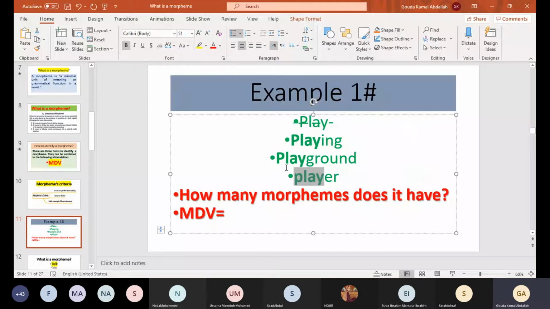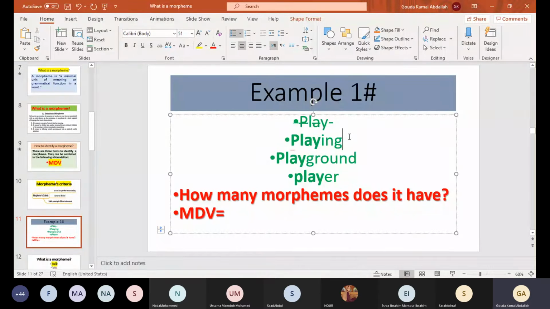Does it have the same meaning in all of them? Play is to play in a continuous way. Playground, this is the place where we play. And the player, this is the person who plays, right? Yes. So it has the same meaning in different verbal contexts.